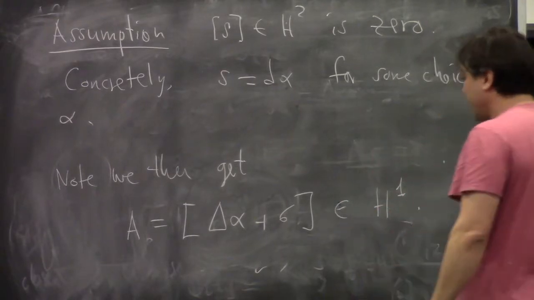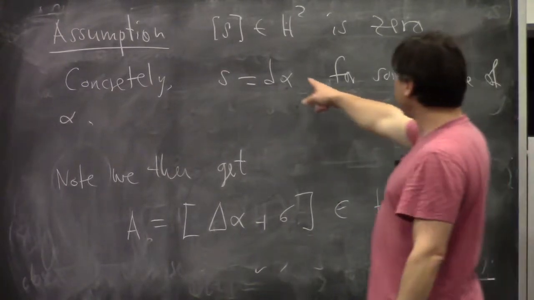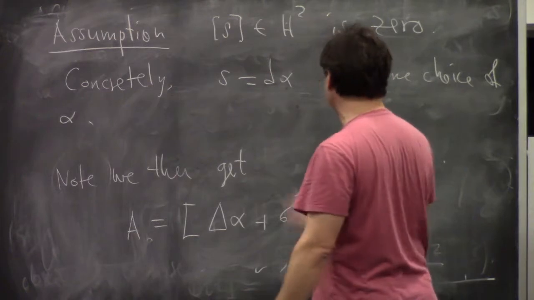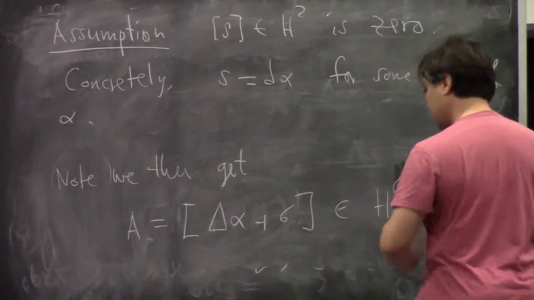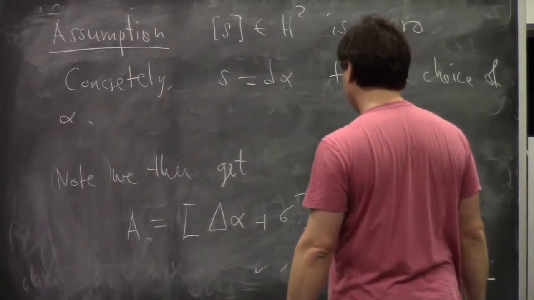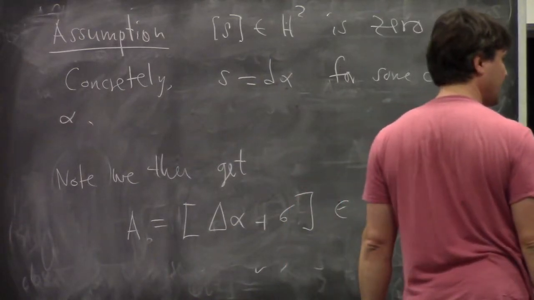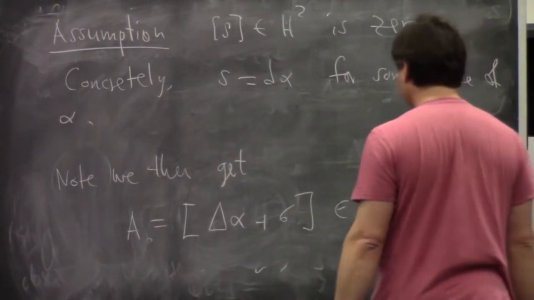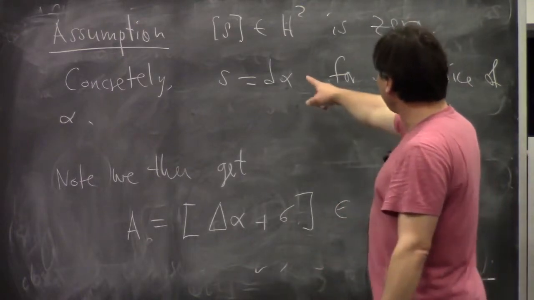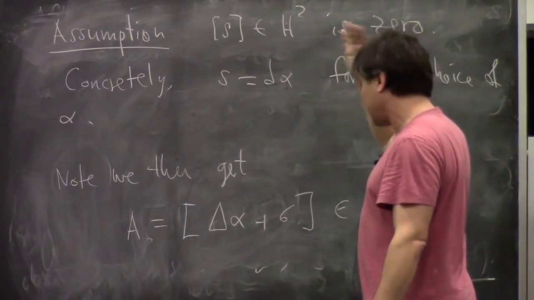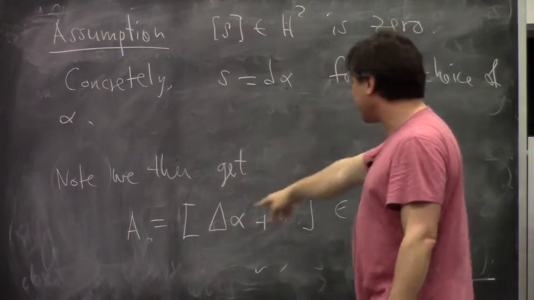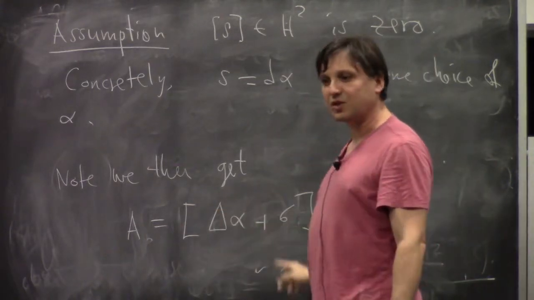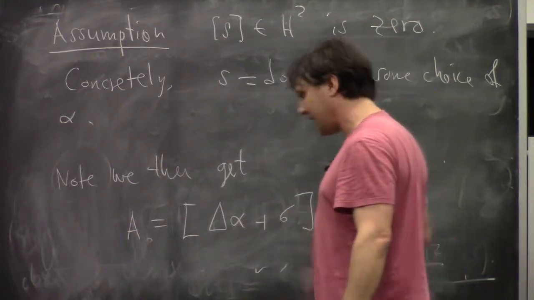So we get a class in H upper 0, which depends on the choice of alpha. So if you change alpha by something that's a cocycle, you add some cocycle to this, then this A will change by the BV image of that cocycle. Okay, so this is some class.